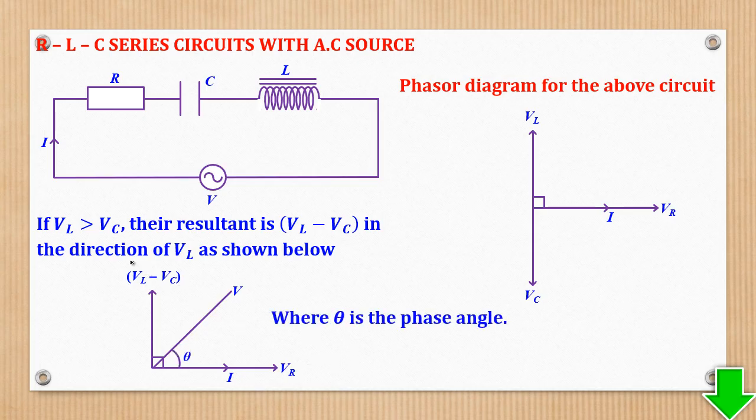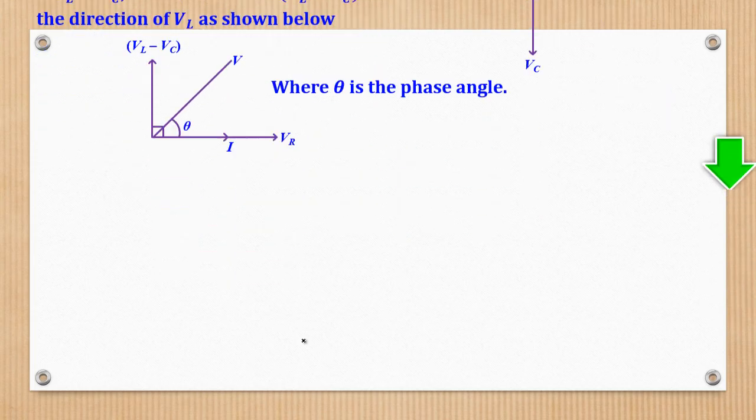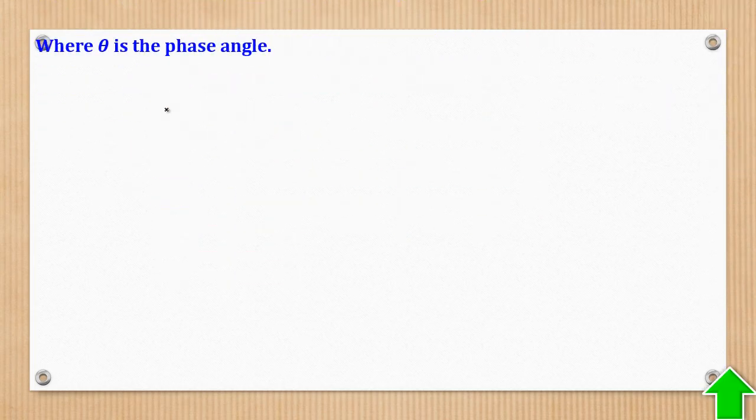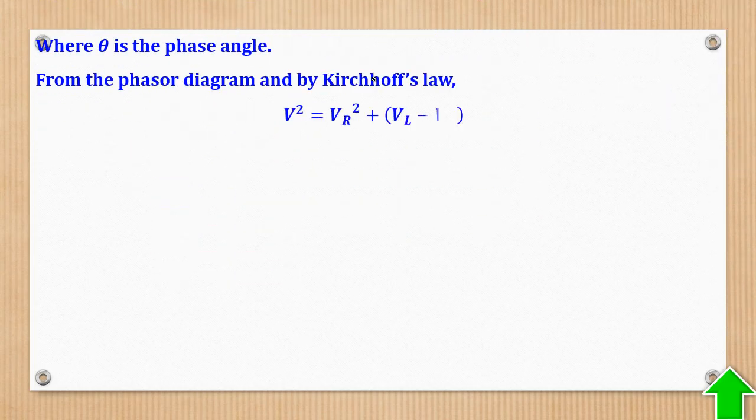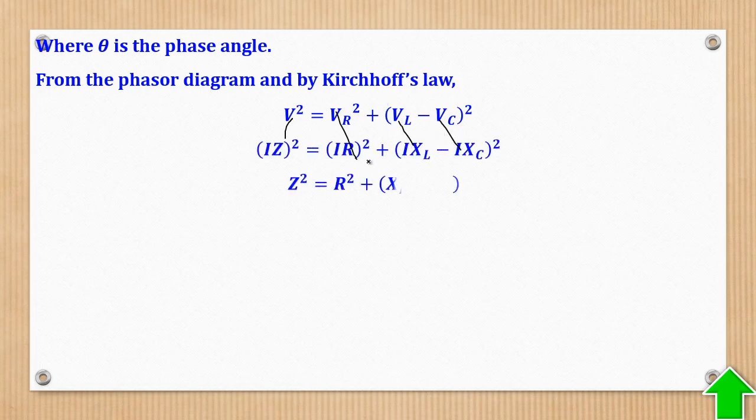Here I can now say V squared is equal to this squared plus this squared, like that. So that's what I was meaning. Then you can substitute for V, VR, VL, VC. Then I can realize that I can cancel to remain with this. Then make Z the subject, that will be the impedance.